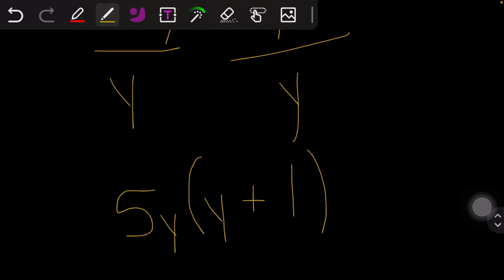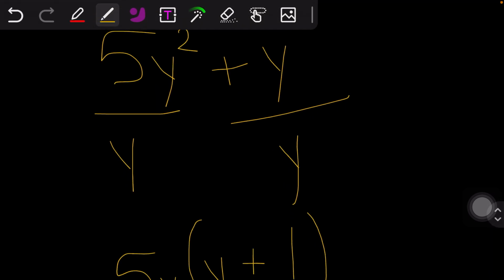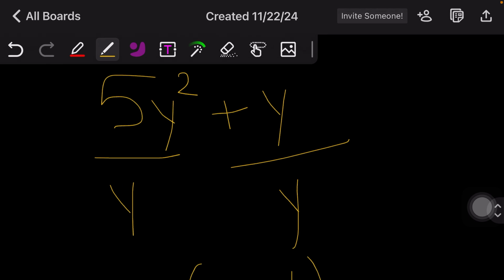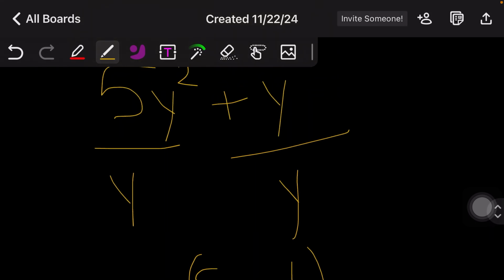Let me make sure I did that correctly. 5y divided by, no, see, I made a mistake. This is going to just be y. I got y and 5y mixed up. 5y is going to be inside the parentheses and y is going to be on the outside of the parentheses.